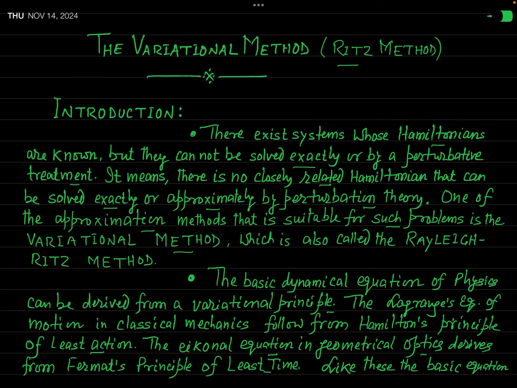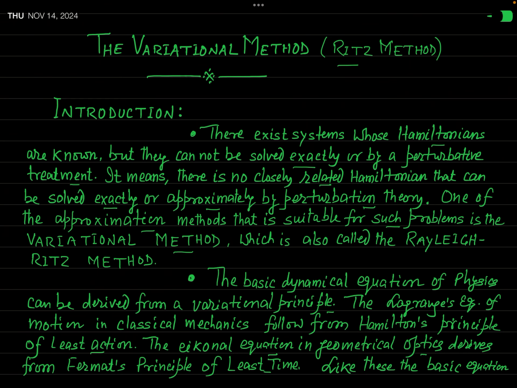So it is therefore not surprising that the basic equation of quantum mechanics, which is the Schrödinger equation, is also equivalent to a variational equation.